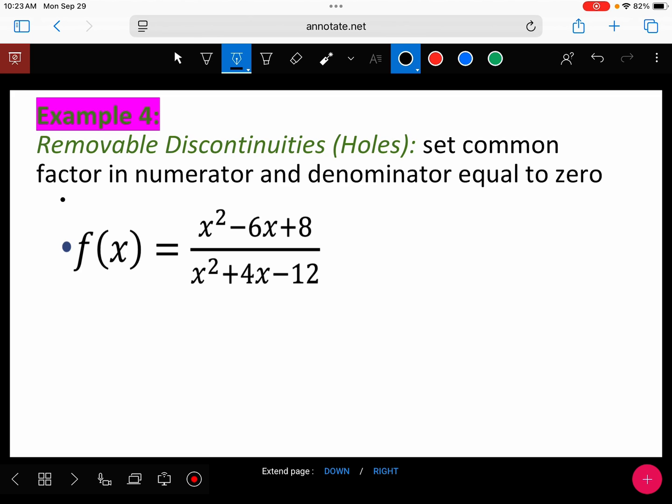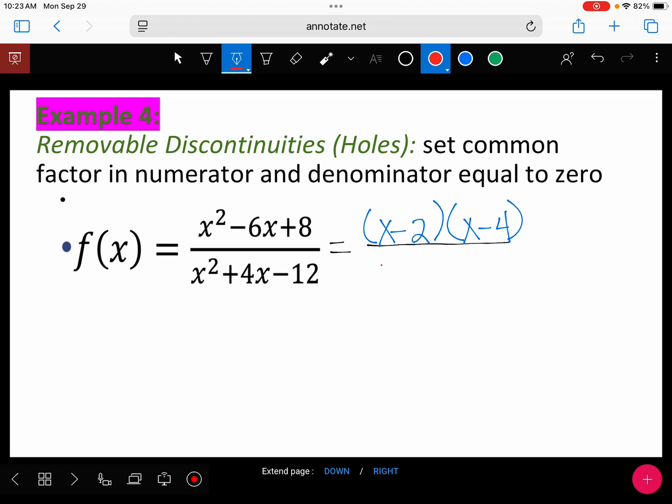And let's talk about the next discontinuity, which is a hole in the graph. All right, when do we see a hole in the graph? We see a hole when you can cancel a factor, okay? So when I look at the numerator, the two numbers that would multiply to give me a positive 8 and add to a negative 6 would be negative 2 and negative 4.